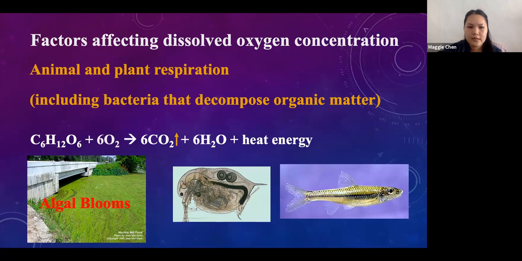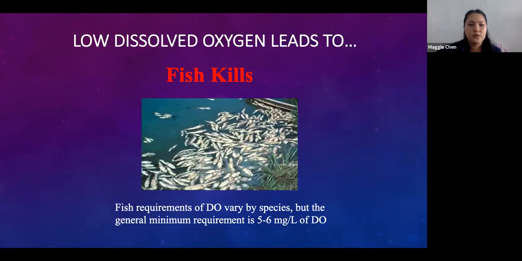When they do start dying, this process of decomposition takes oxygen out of the water and has an effect on the animals that live there. So that's one way that oxygen can be taken out. So we know that fish need oxygen to live.